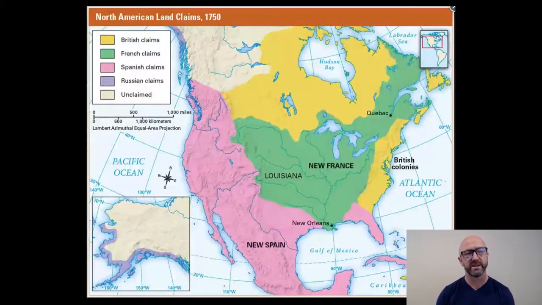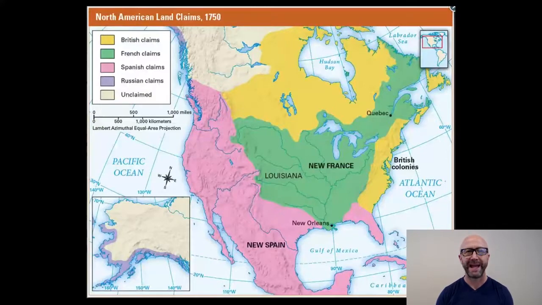And this is a new find, of course, and what it does is it sets off slowly but surely a kind of competition among the European powers to make use of this new land that they find, right?